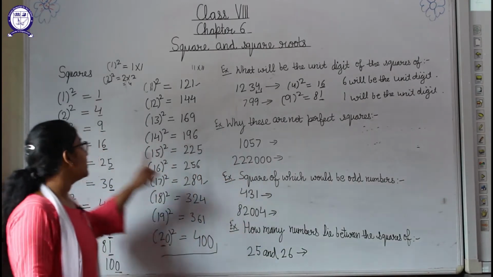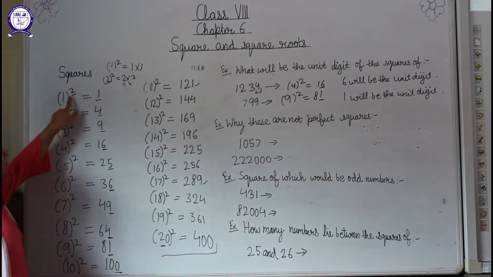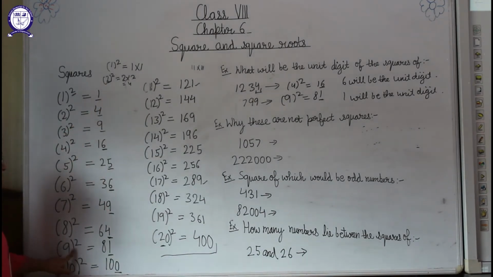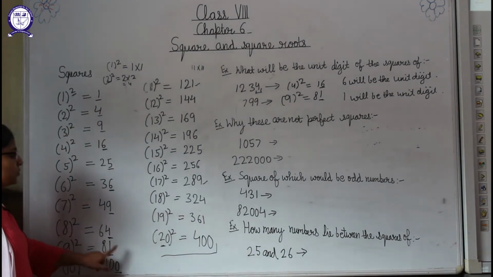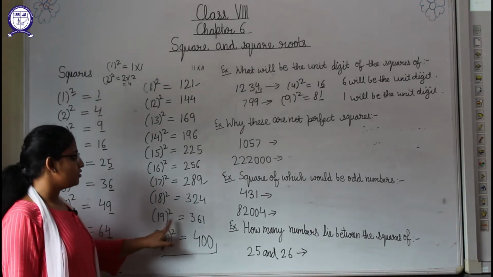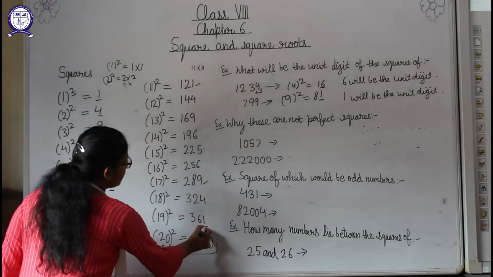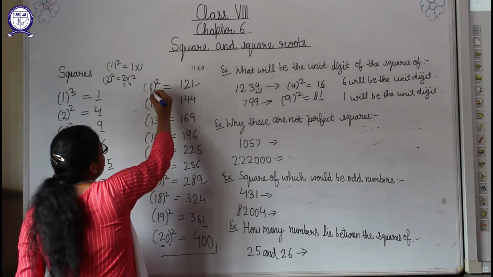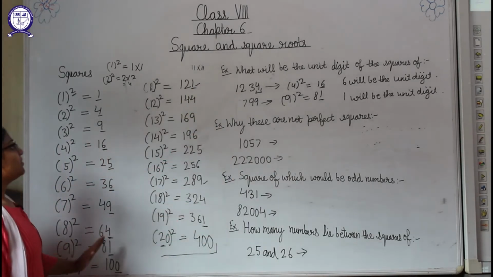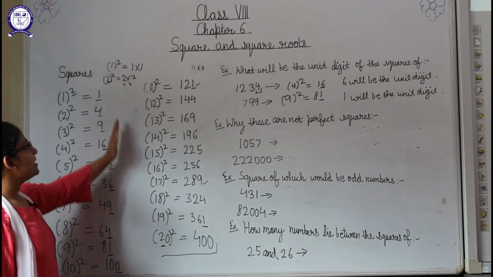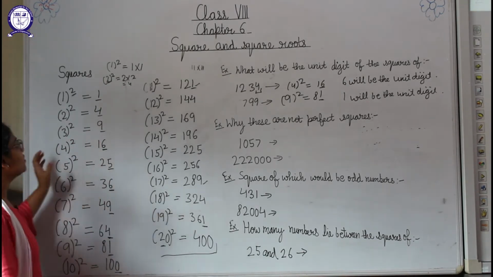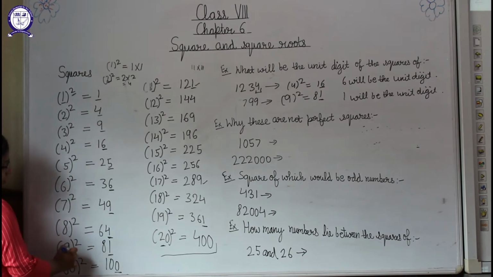Okay. Students, here when you observe, 1 square is equal to 1, means unit place is 1. Here also 9 square is 81, unit place digit is 1. It means whenever 19 square, the unit place digit is 1. Here in 11, 1 is the unit place digit, so 1 is in the square also. It means the unit place digit will be 1 whenever the unit place digit of the number is either 1 or 9.